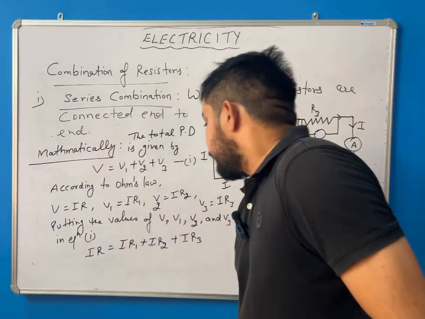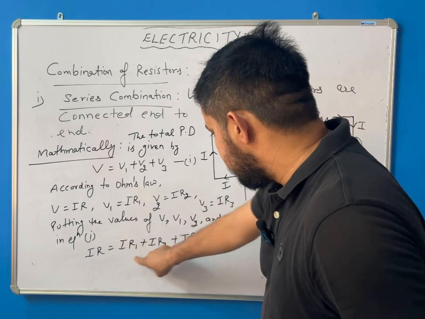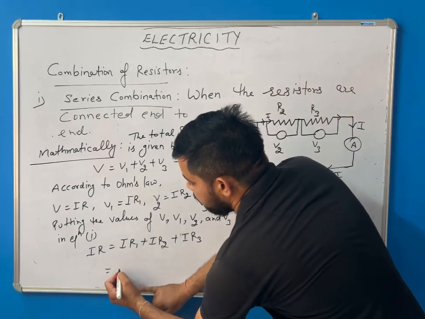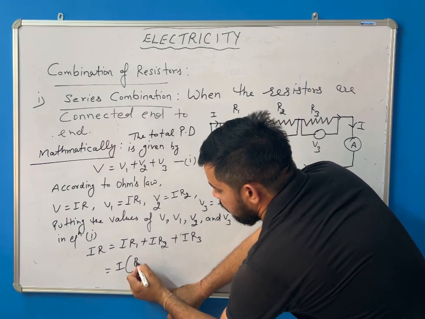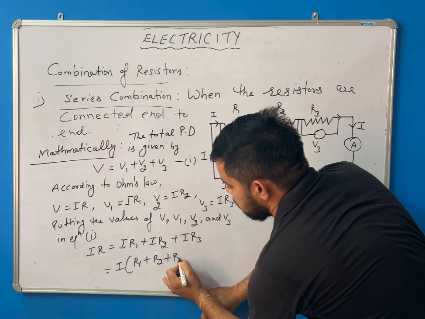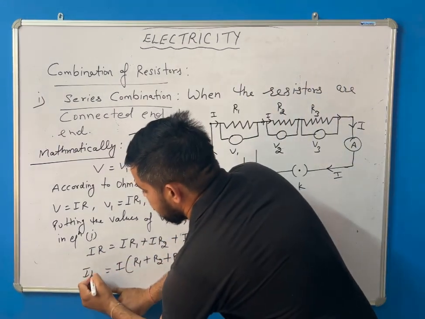Clear? Okay. So now you will see that I is the same everywhere, so we will take I common. What will we get? I times R1 plus R2 plus R3. On the left hand side is IR.